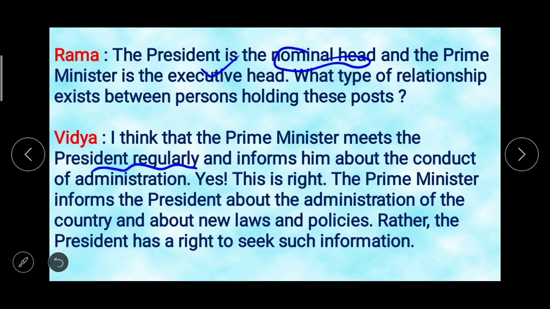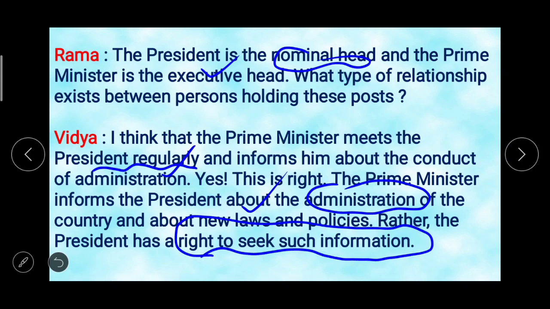For what? To inform him about the conduct of administration, how the things are going. Yes, and this is right. The prime minister informs the president about the administration of the country and about new laws and policies. Rather, the president has a right to seek such information. It is the right of the president, but it is the duty of the prime minister to give updates to the president.